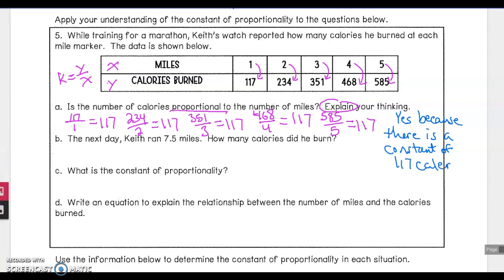So I'm going to try to spell calories correctly. I'm going to try, I guess. Per mile.